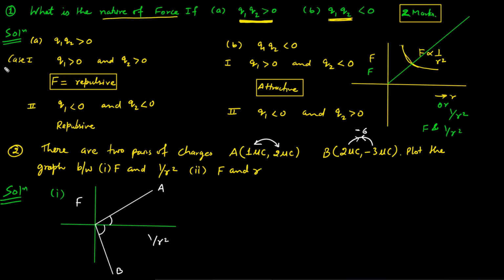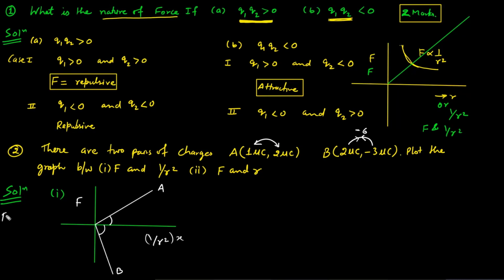Sir, can you explain that first graph again? Which part I have to explain? Tell me. This graph of f and 1 upon r square. Yes, sir. So 1 upon r square, let's say it is x.